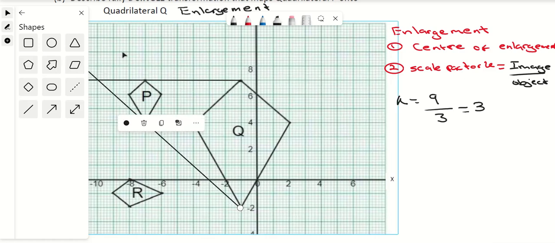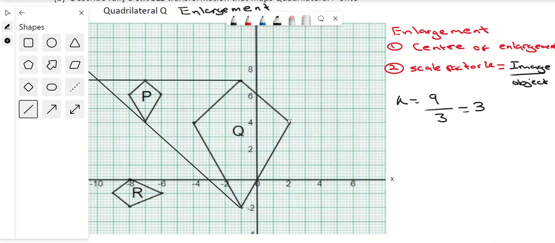Let me just show you a few other times. I'm going to take this line here and this coordinate here, connect the two, and just extend the line. Then let's do it the next time for this coordinate right here, this line here and this line here, connect the two. Alright, good.